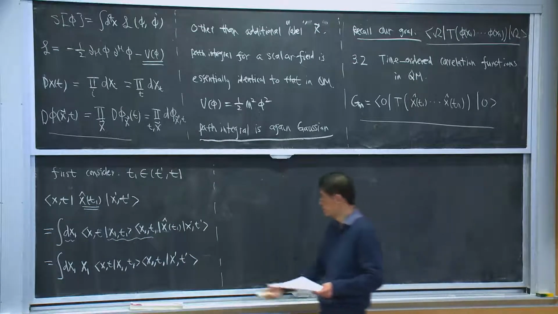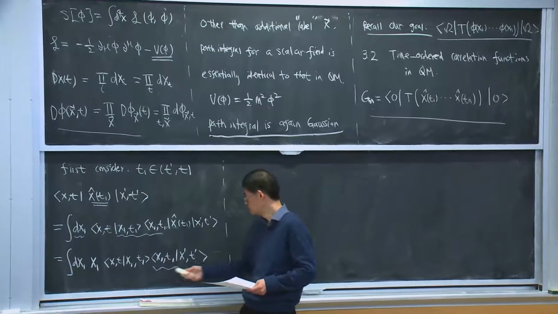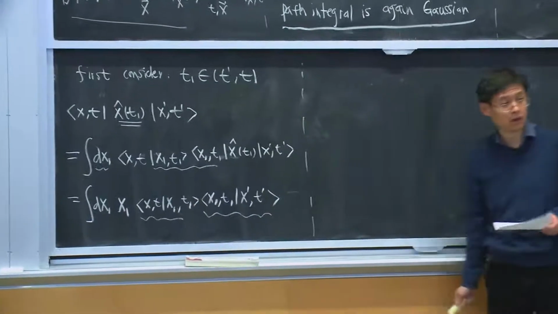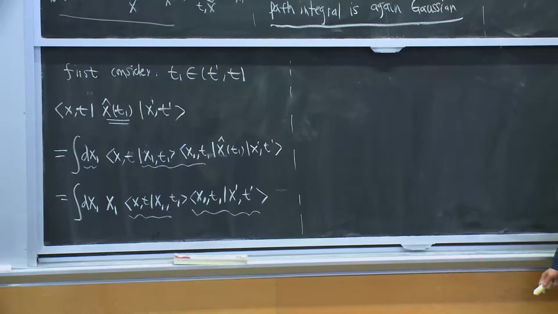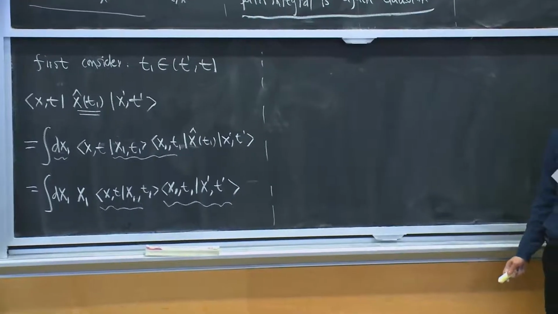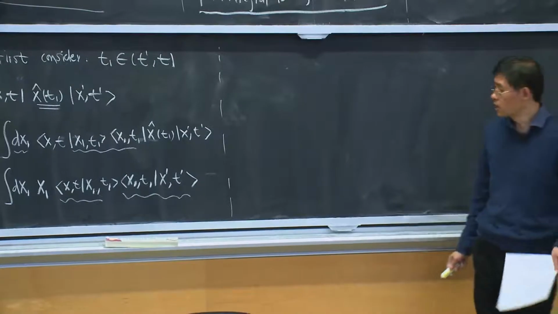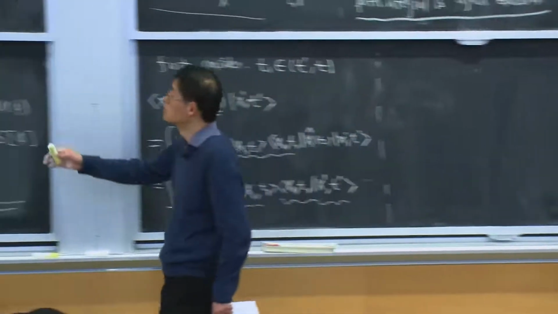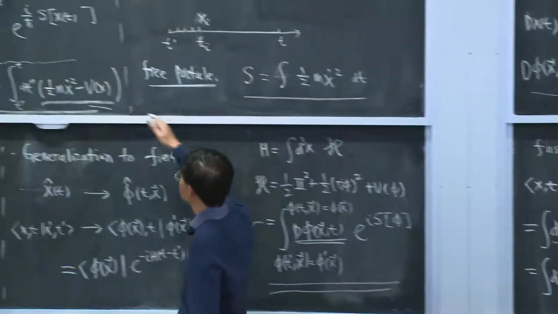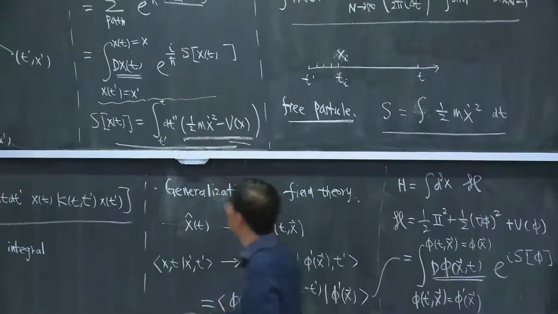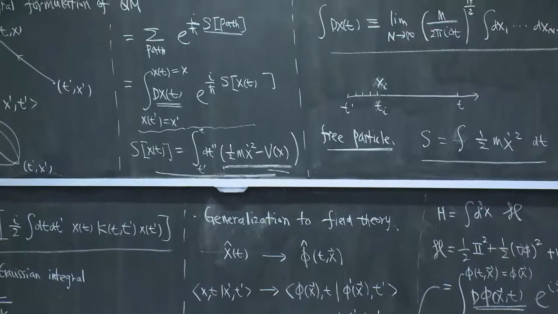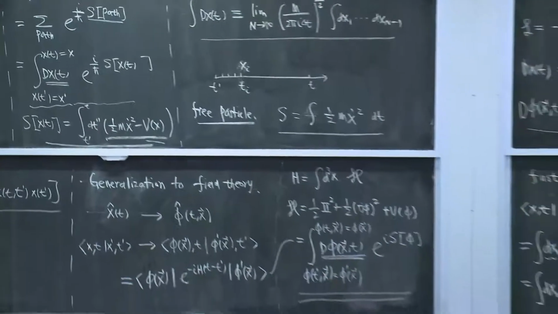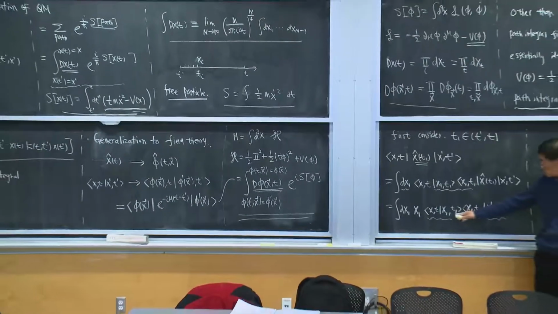Now we know how to do both of these. We just plug in our path integral formula to both of them. You can do this explicitly, but it's also very intuitive if you know what this looks like.